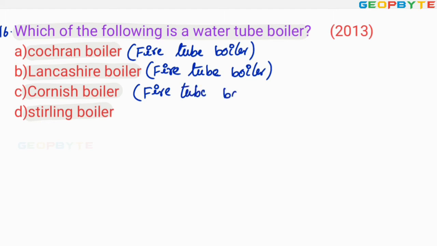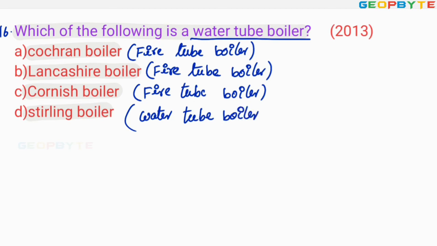Whereas Stirling boiler is the water tube boiler. Therefore, the answer is option D. Stirling boiler is coming under the water tube boiler.